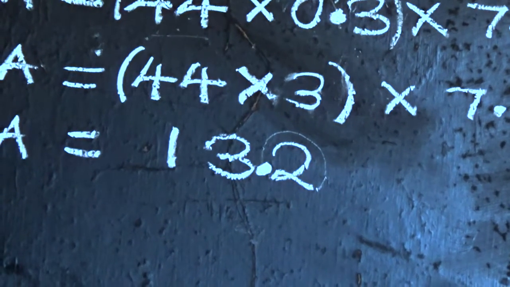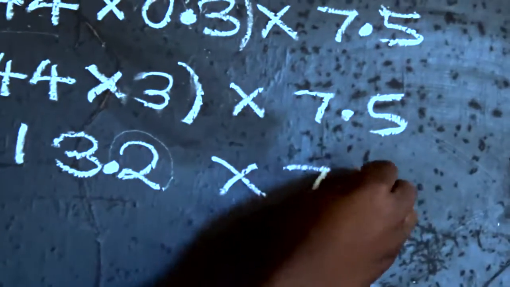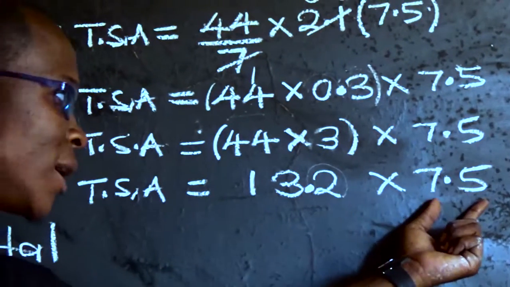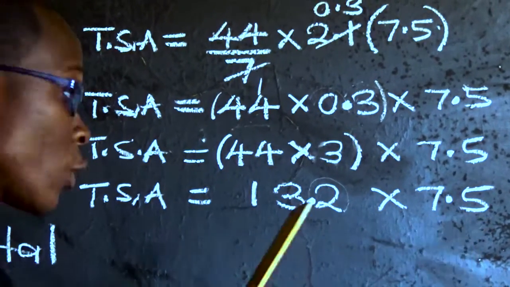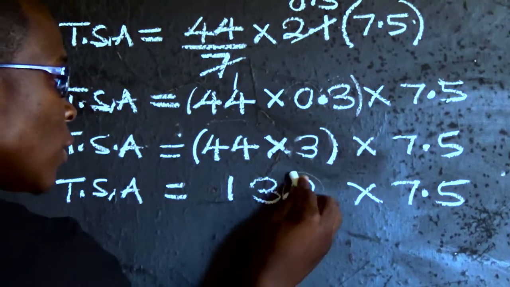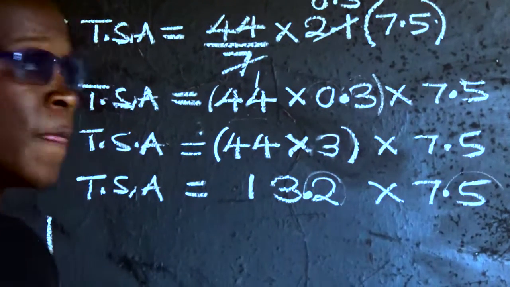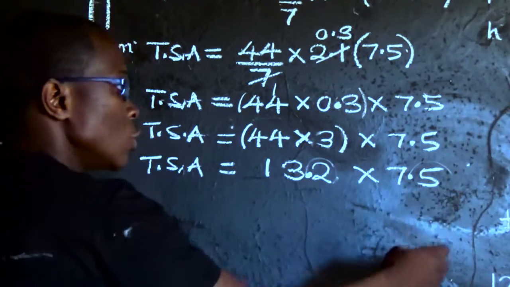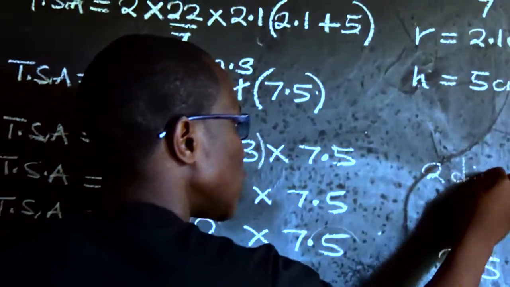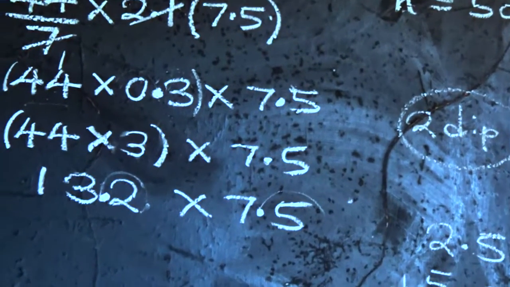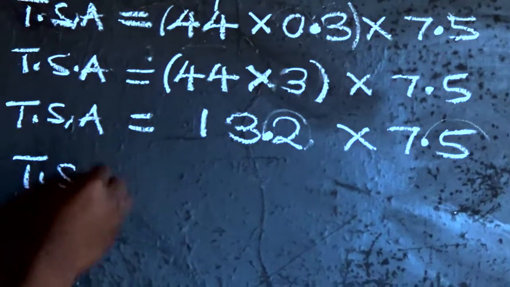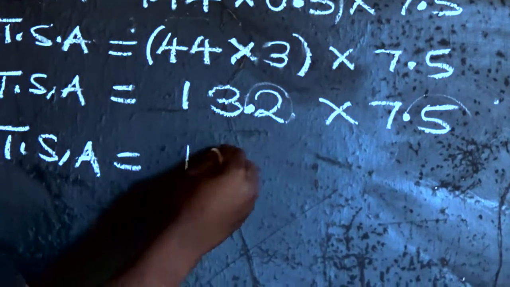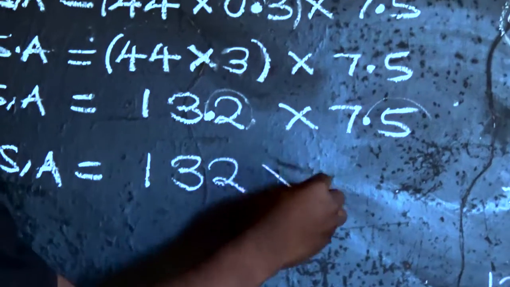So we become 13.2 times 7.5. Now again, you have a decimal number and a decimal number, so we need to ignore the decimal points. We ignore one decimal place this side and one decimal place this other side, so we have ignored 2 decimal places. Are we together, people? Now we consider this as a whole number, so this one is going to become 132 times.